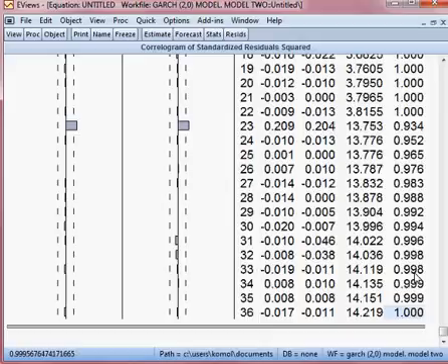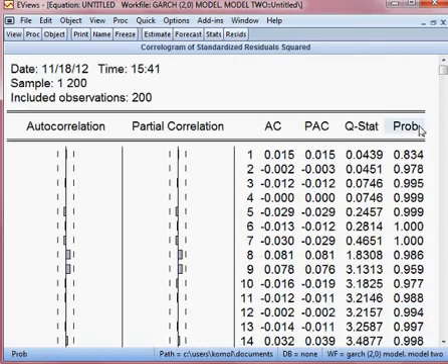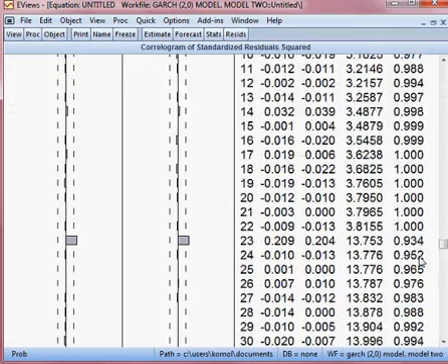What is the null hypothesis? The null is there is no serial correlation. That is the null hypothesis, and we cannot reject it because the p-value is more than 5%. You can see the p-value, right? More than 5%.